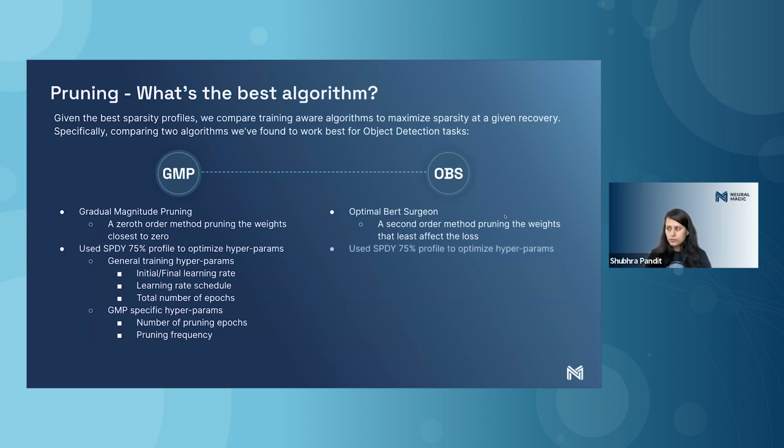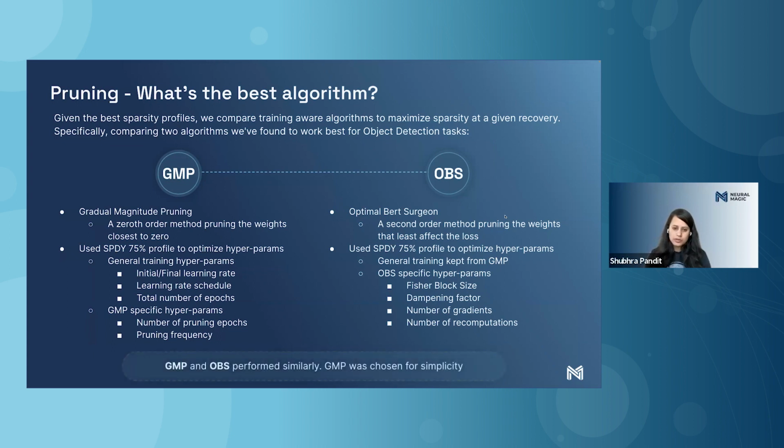So in this case, again, we used the same sparsity profile that we found in the previous step, but we took the general hyperparams that we obtained using our GMP experiments and used them for the OBS part, but we tuned specifically for the OBS-specific hyperparams like Fisher block size, dampening factor, and other ones that really help approximate the Fisher approximation in the OBS method.